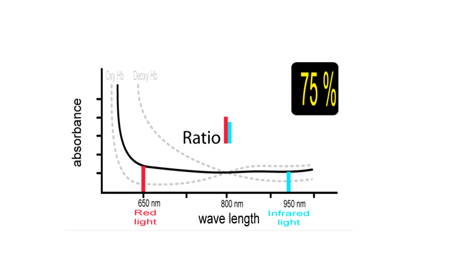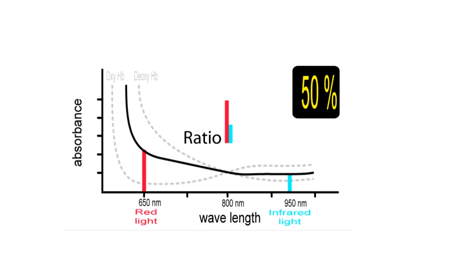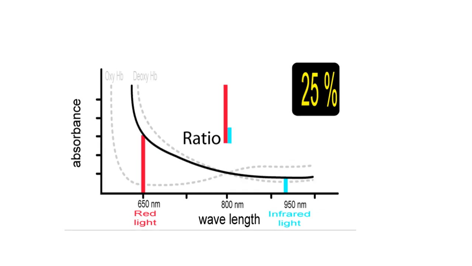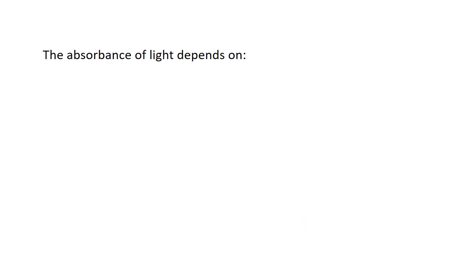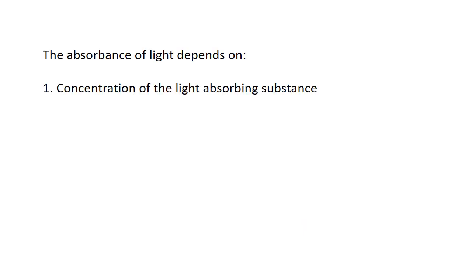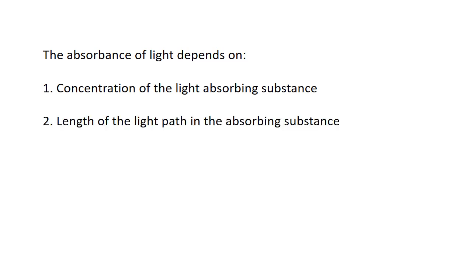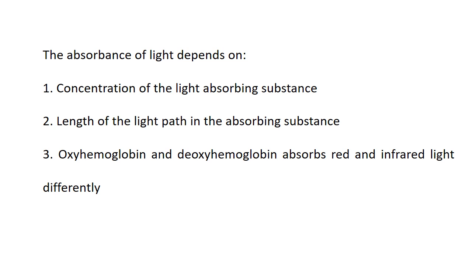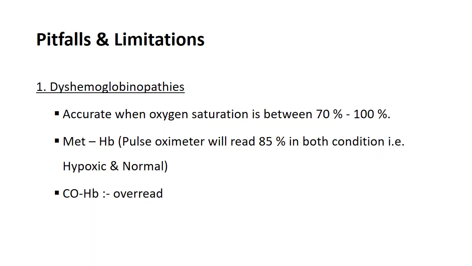The ratio of absorbed red light and infrared light is different, and using this information, the pulse oximeter is able to calculate the oxygen saturation of 75%, and the same for 50% and 25%, but the pulse oximeter is not reliable below 70%. So the absorbance of the light depends on the concentration of the light absorbing substances, the length of the light path in the absorbing substances, and the oxyhemoglobin and deoxyhemoglobin absorb red and infrared light differently.